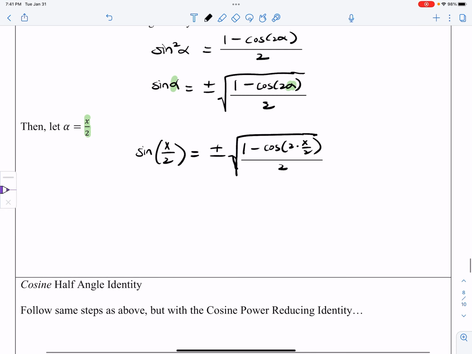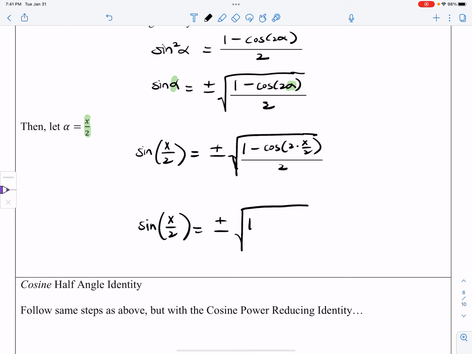And then that will simplify to be sine of x over 2 equals plus or minus the square root of 1 minus cosine of x over 2.